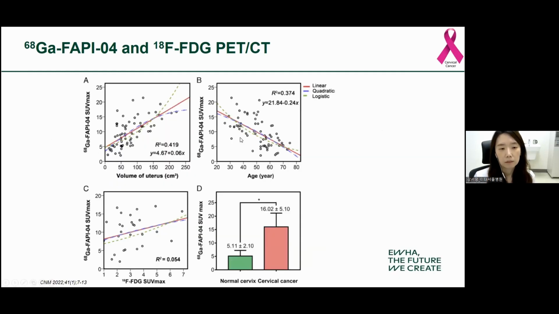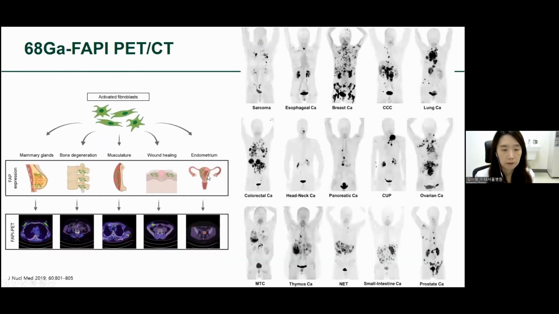And this graph shows the relationship between FAPI SUV max and volume of uterus and age and FDG uptake. The reason for this comparison is that there are a variety of physiological uptakes in the FAPI PET-CT in the previous slide.